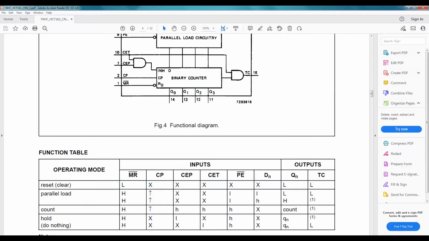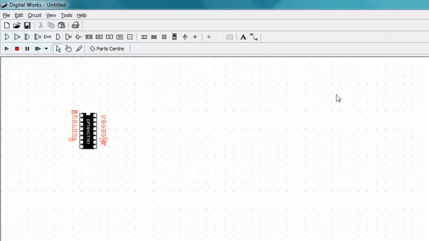To get this IC to count, we need to make sure the master reset, count enable input, count enable carry input, and the parallel enable input are all high. Then I'll send our clock into the clock input pin.